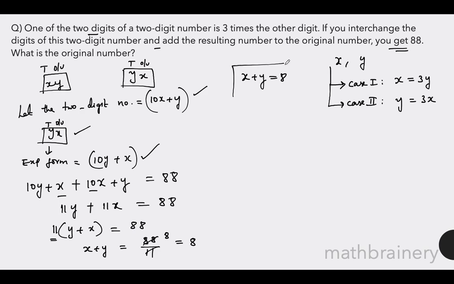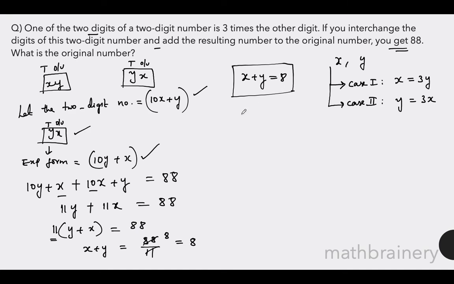This is the equation that you arrive at when you apply the given condition here. That is, when you add the original number and the new number obtained by interchanging the digits, and simplify it, you get x plus y is equal to 8.